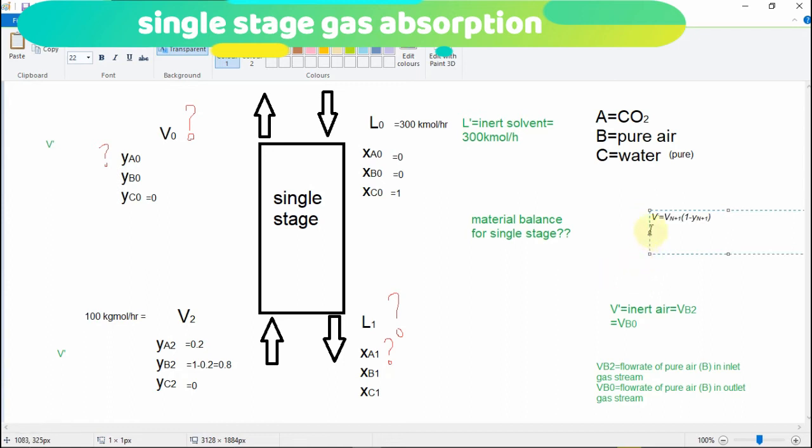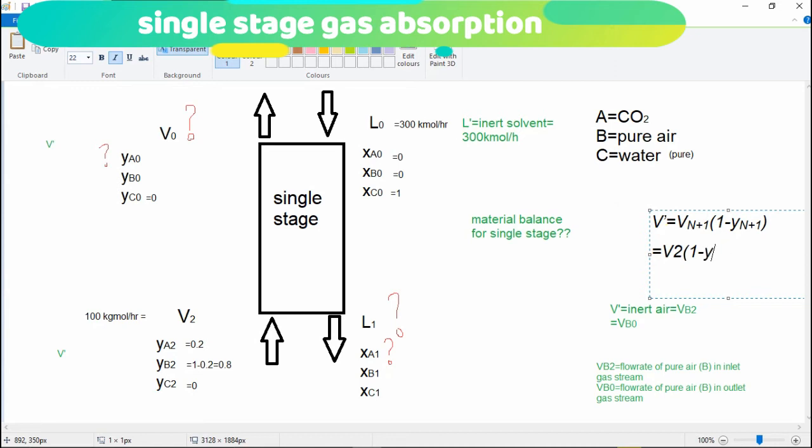Alright, so this equation, we make it larger. Vn plus 1 is V2, multiplied by 1 minus Yn plus 1, so it will be 1 minus 0.2.